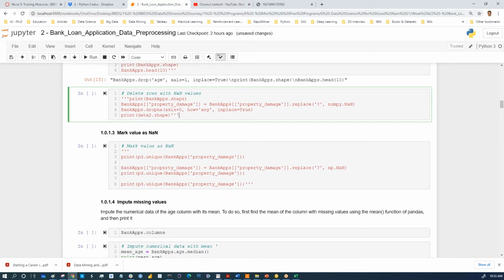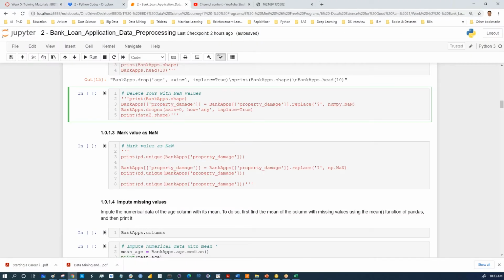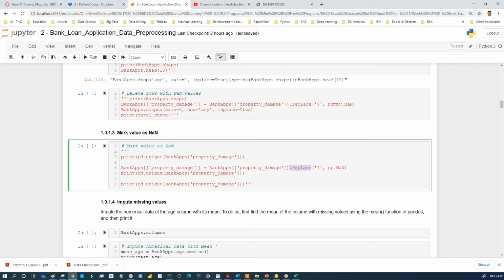If you have, let's say, a question mark in there, or a 0 in there, one way to handle this question mark is simply to do replace or to map it.